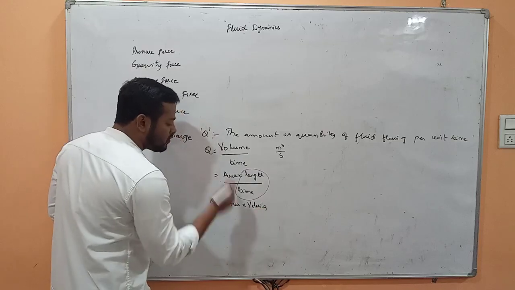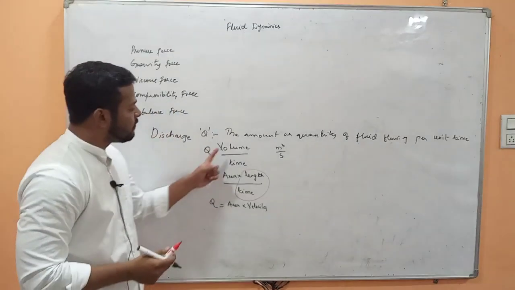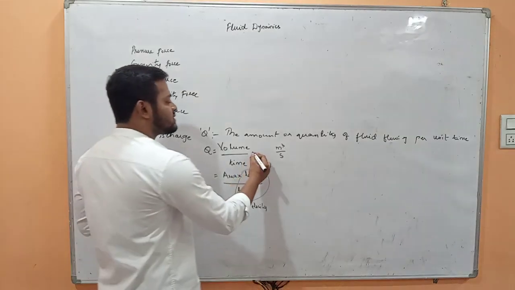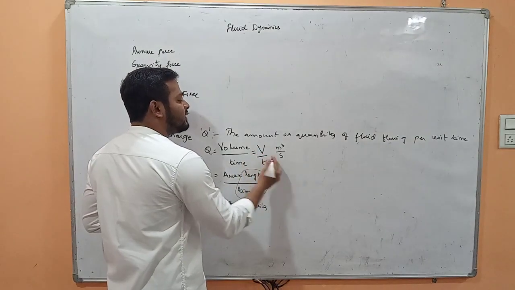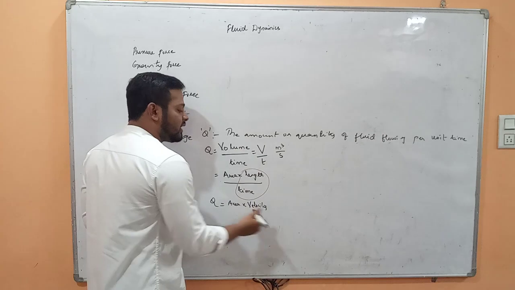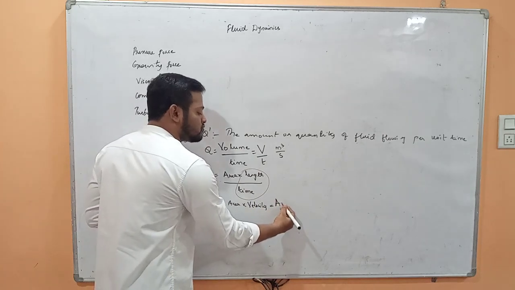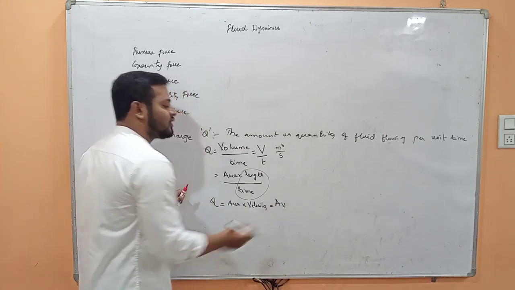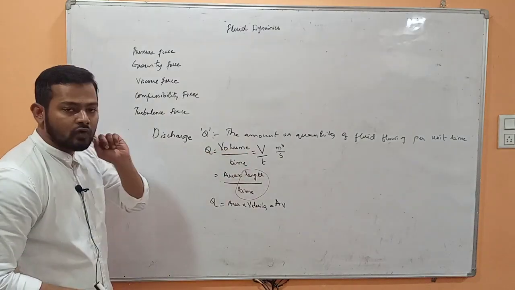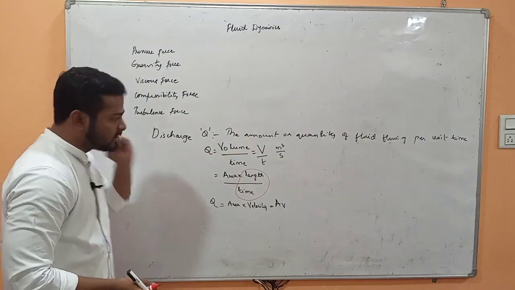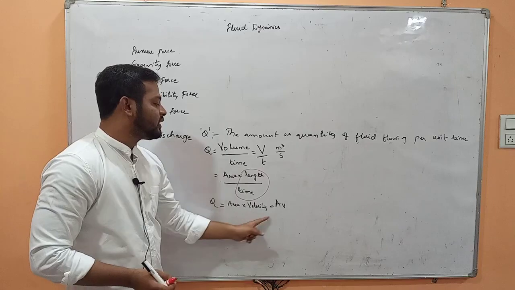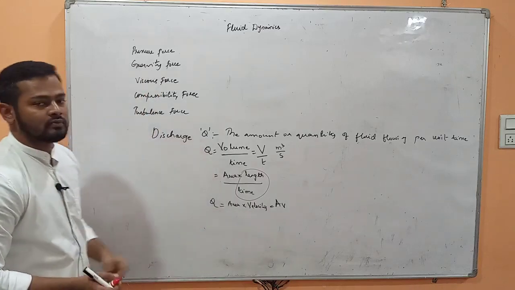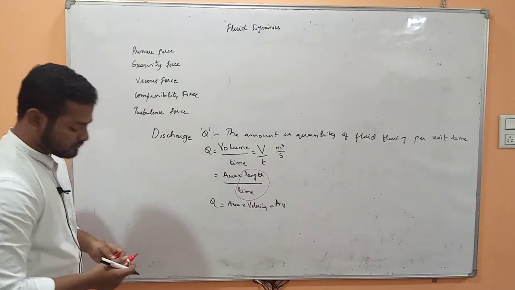We have got two formulas of discharge: volume by time, which is V by T, where this is capital V, or area into velocity, A into v, where this is small v, which is velocity, and capital V is volume. Both are formulas of discharge.